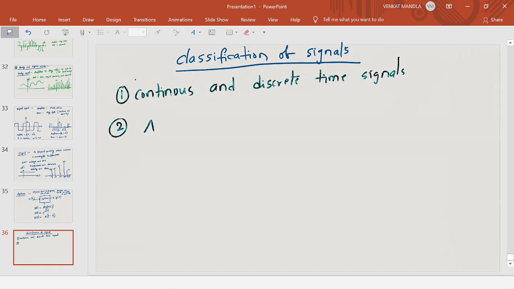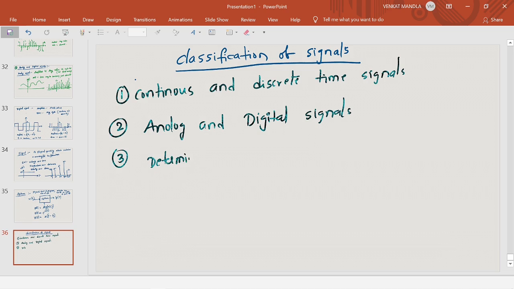Second, analog and digital signals. Third, deterministic and non-deterministic signals.